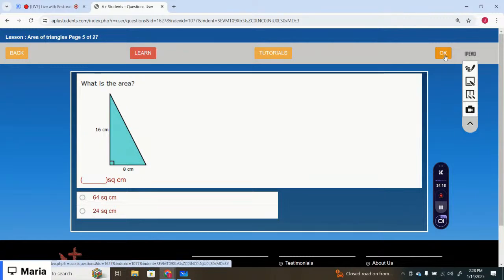Okay, what is the area, which is the correct option? The correct option is option number one, that is 64 square centimeters. Option number one is the correct option.